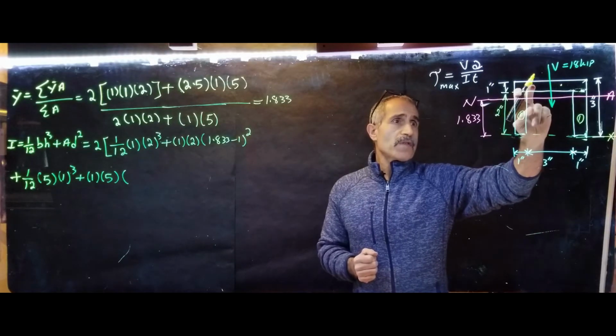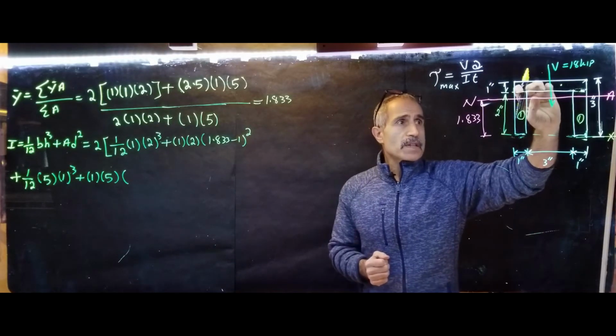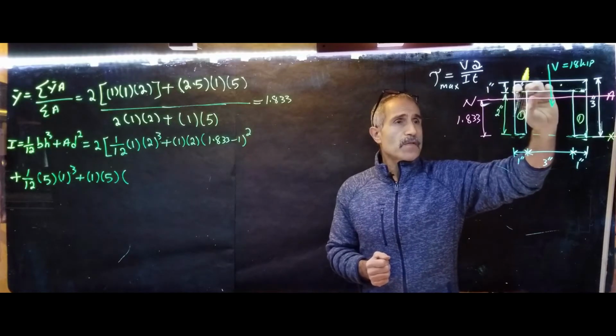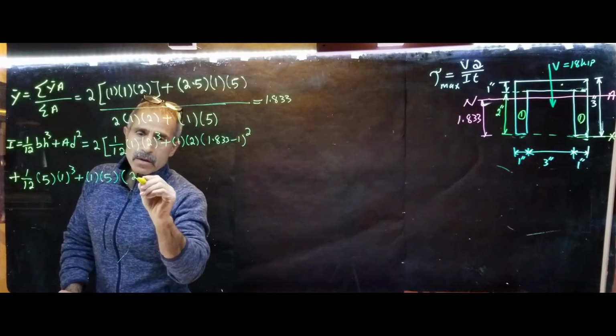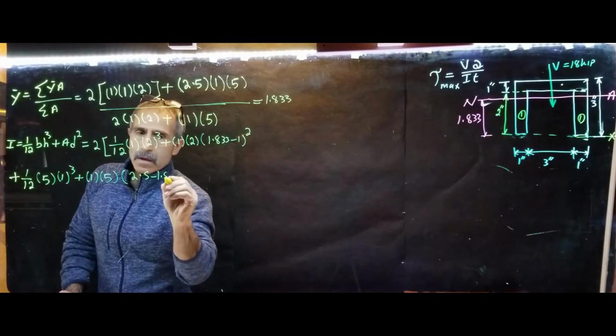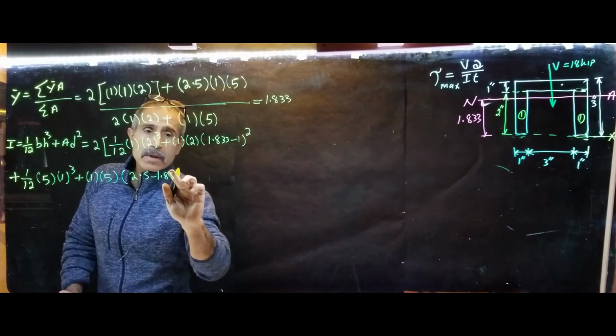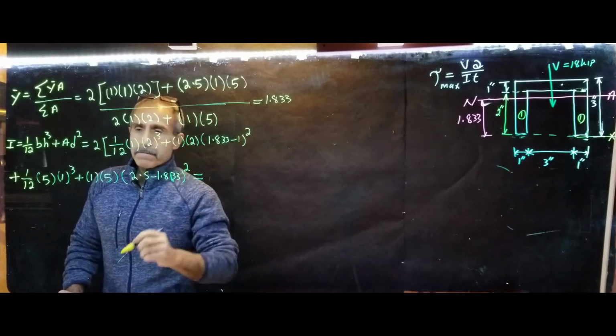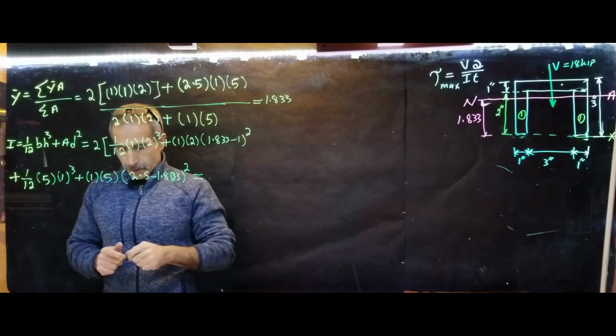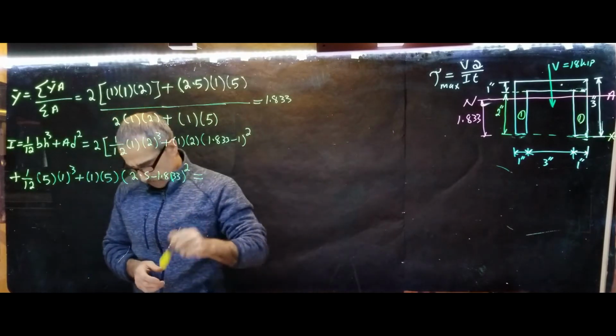We're looking for this section right here. 2.5 minus 1.833, squared. All right, I have done this already.